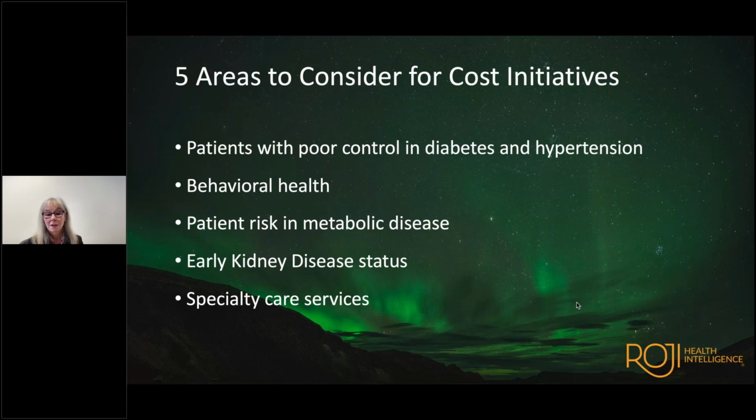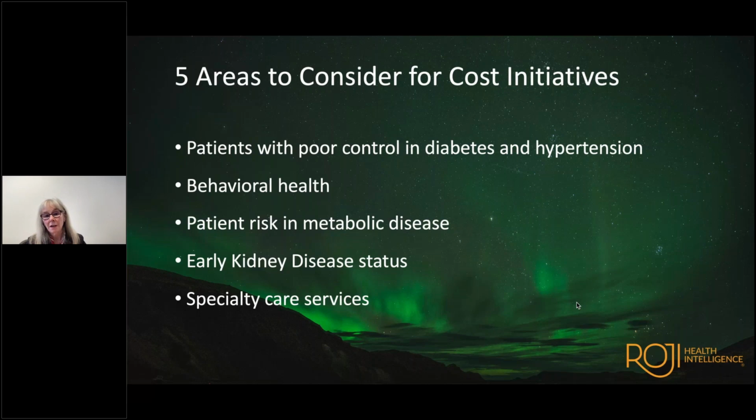Behavioral health. Patients at risk of metabolic disease, so we're talking about more of a patient risk assessment you could consider as a cost initiative. Early kidney disease identification and specialty care services. So let's take them one by one.